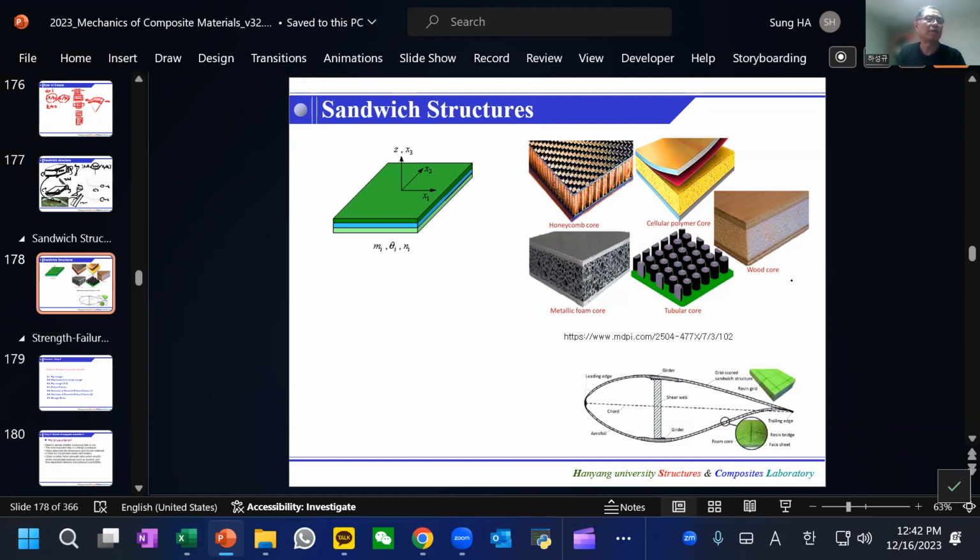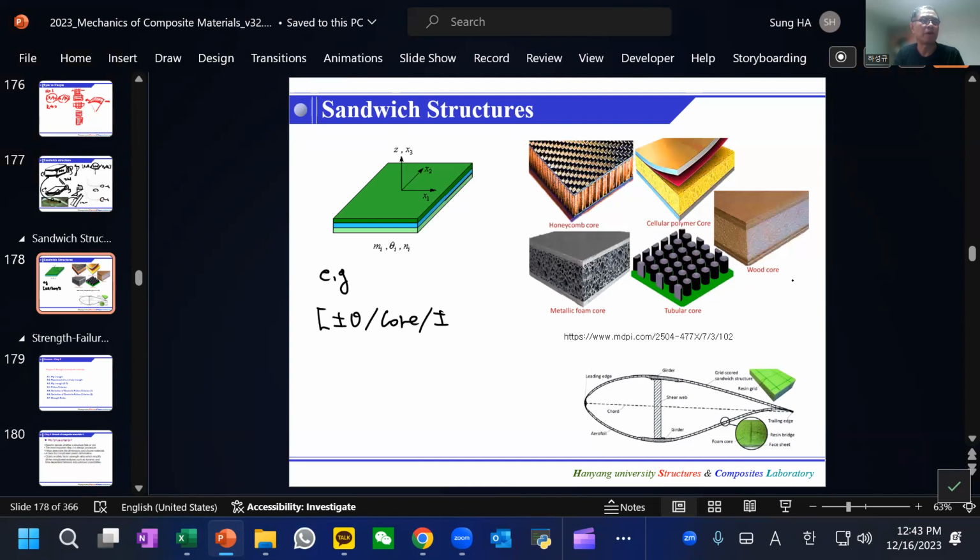For example, layup sequence-wise, we can think of a certain plus minus theta, and then a core between plus minus theta 1 and plus minus another theta 2.